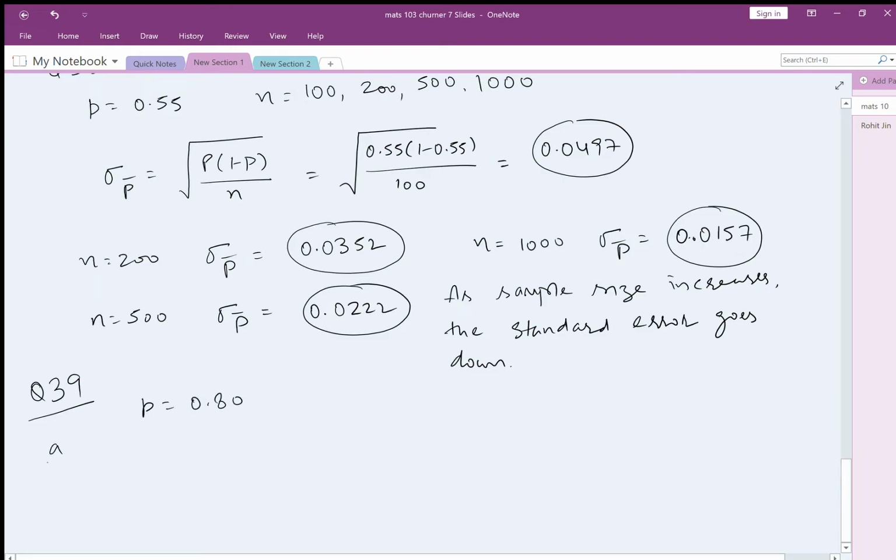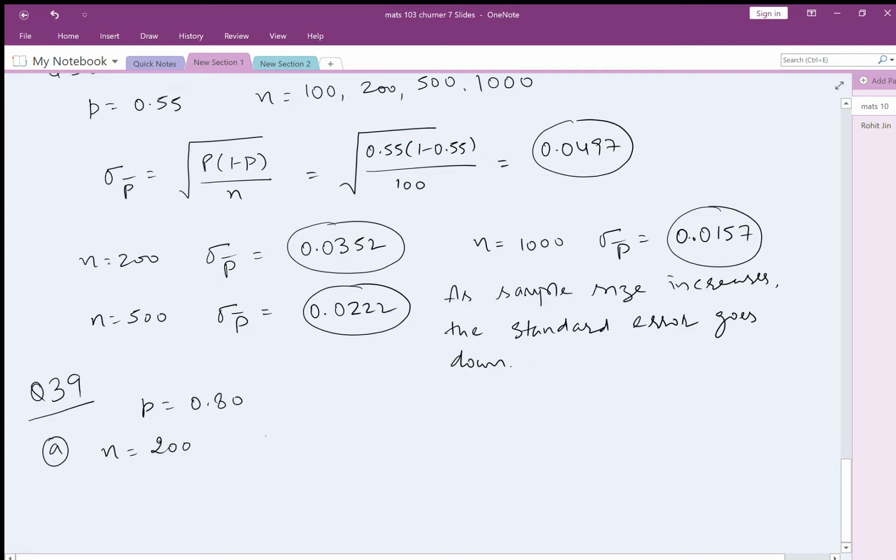Okay, let's look at part A. Suppose you select a sample of 200 complaints involving new car dealers. Show the sampling distribution of p bar. Okay, so now small n, or sample size, is equal to 200.